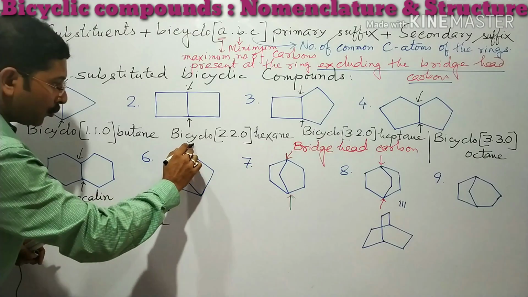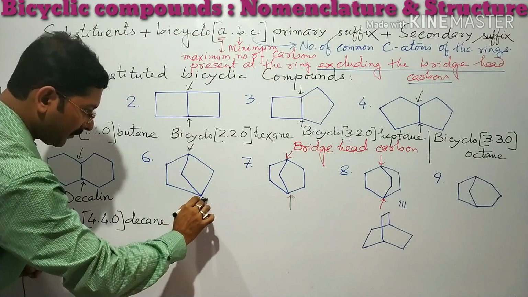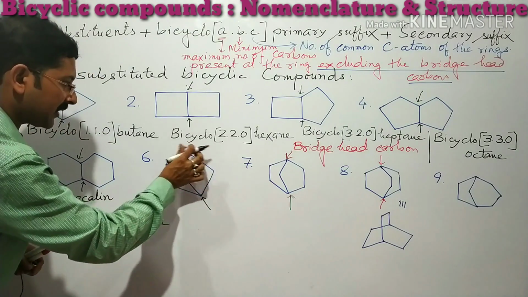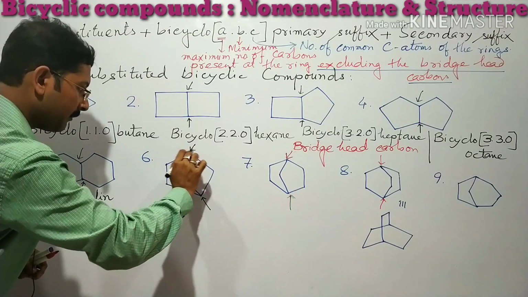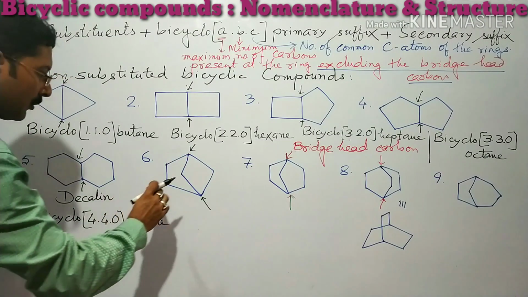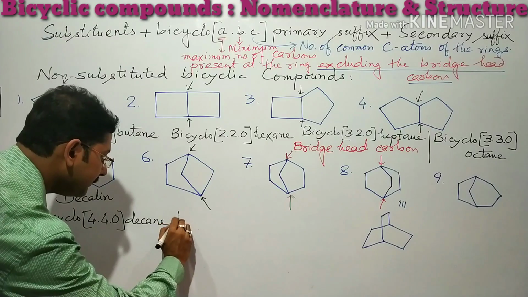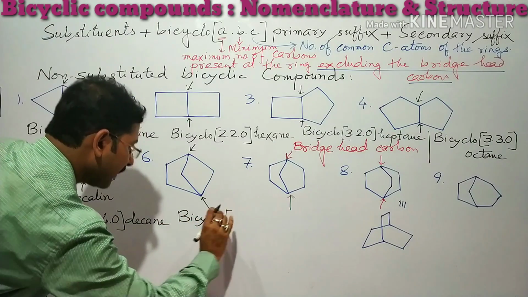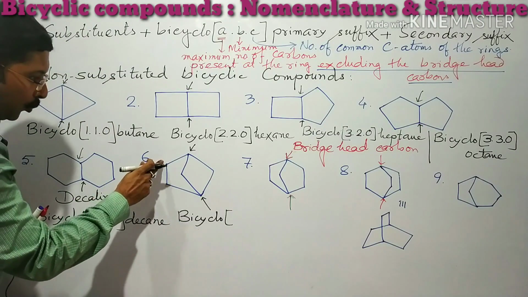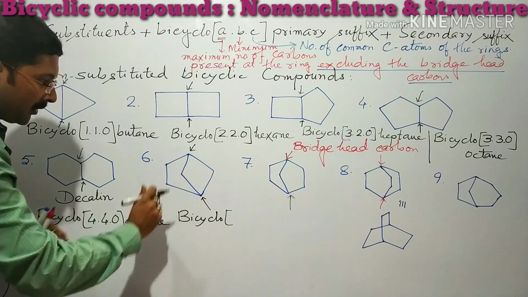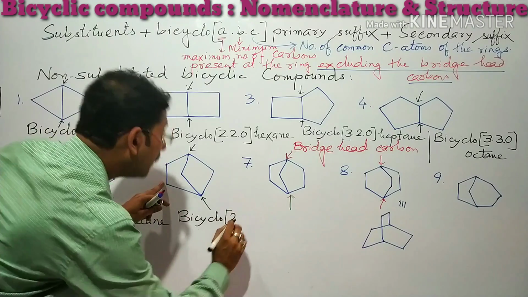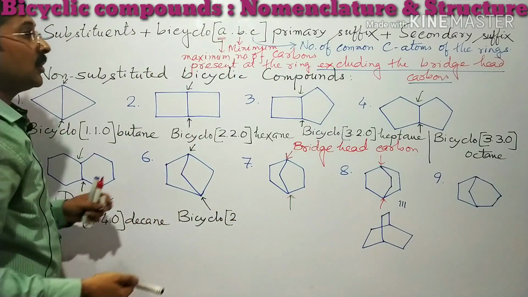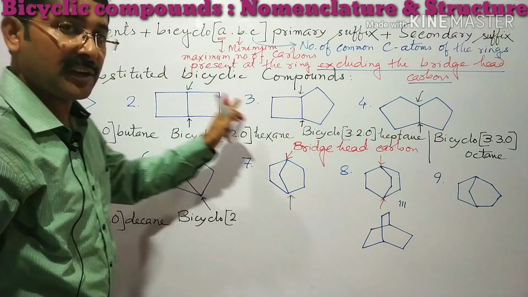Next, what about this compound? These two are bridgehead carbons. So bicyclo 2 1 1. Definitely ABC should be written in the descending order.